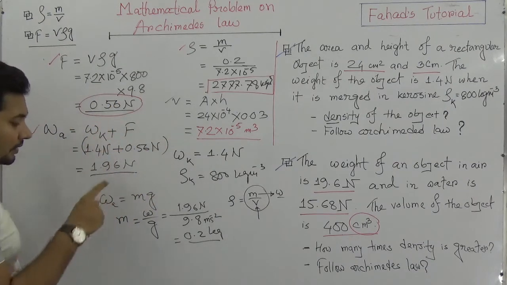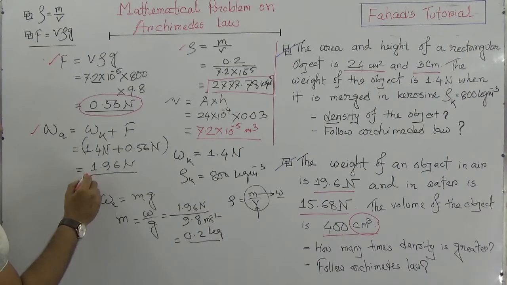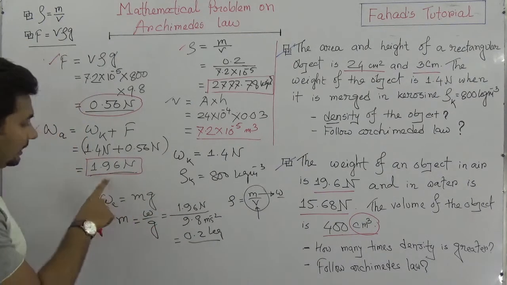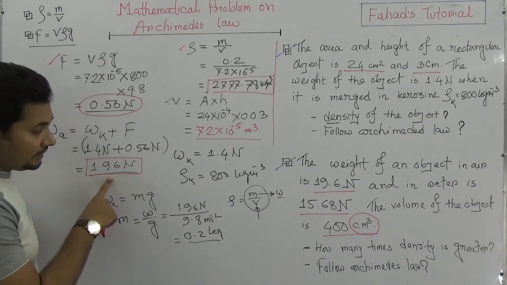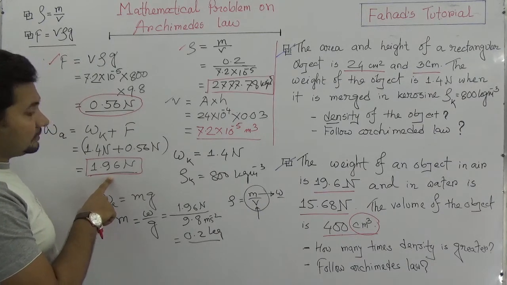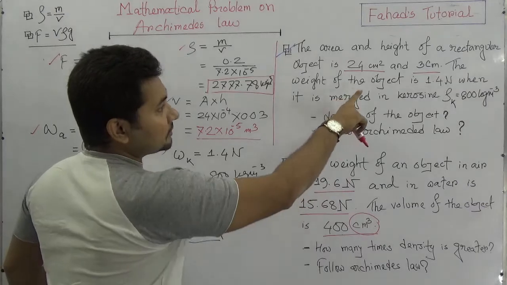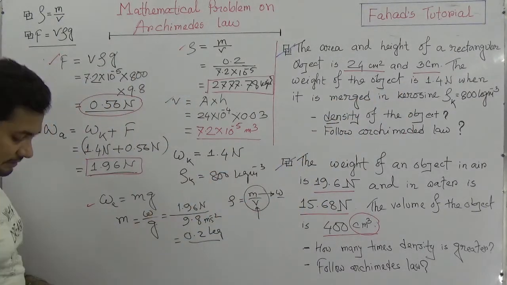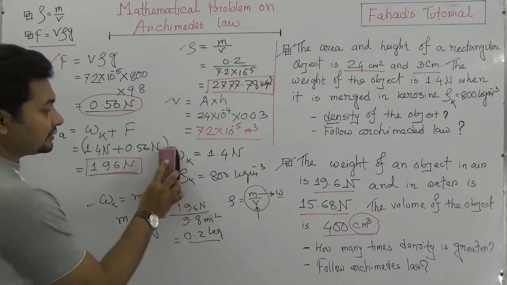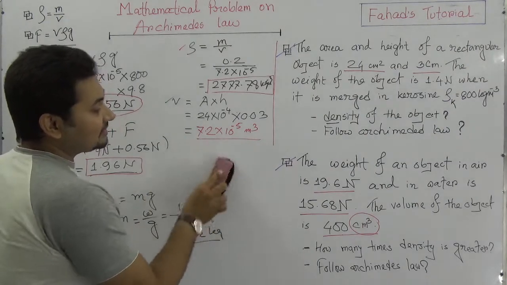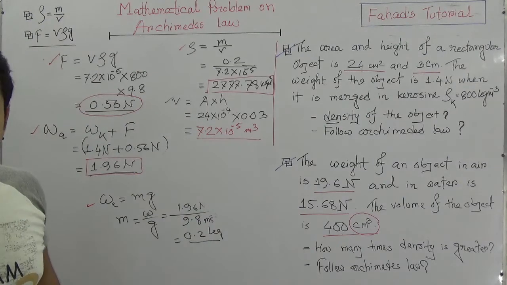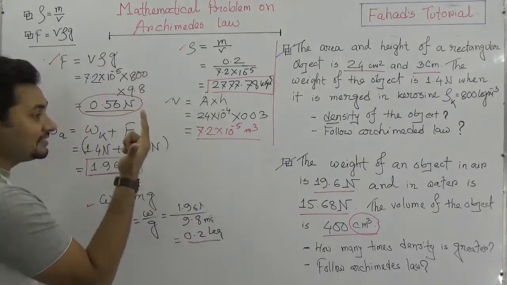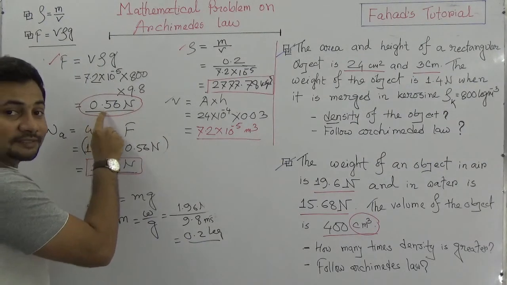Now we got the weight in air, and we also have the weight of the object in kerosene, 1.4 Newton. Is it following the Archimedes law? Yes, of course. How do I know that? The buoyancy is 0.56 Newton.